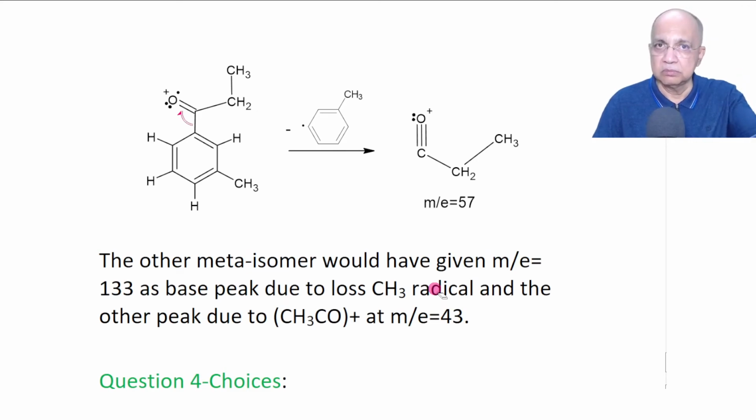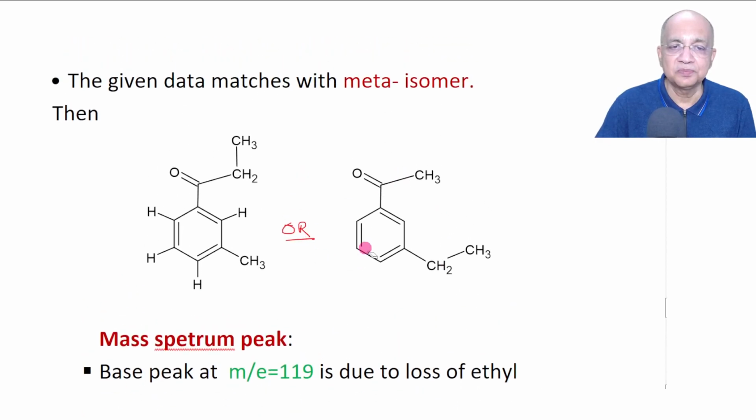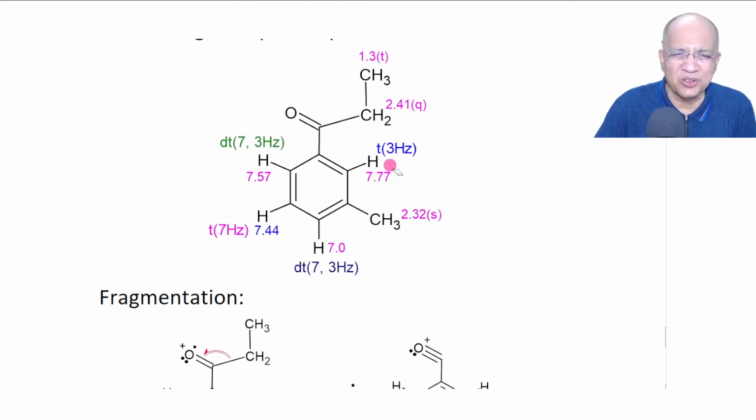That speaks volumes of the structure of this one, not this one, not this one. This is this one, right? So is it not interesting? I have just put the values, triplet with 3 Hz, 7.77. I didn't do anything, I just copy pasted the data, double triplet.